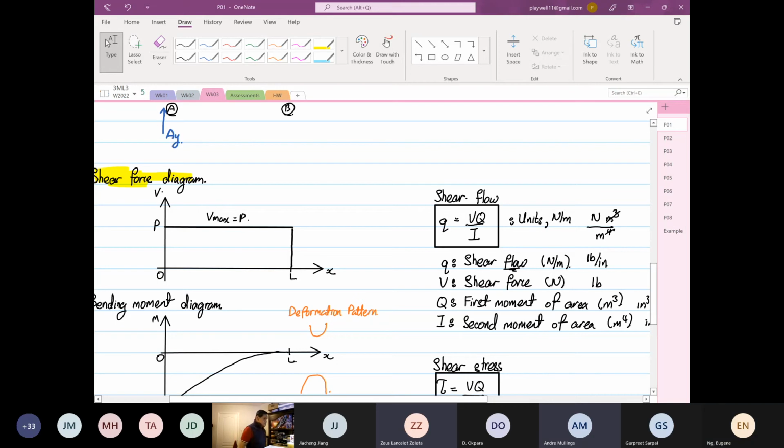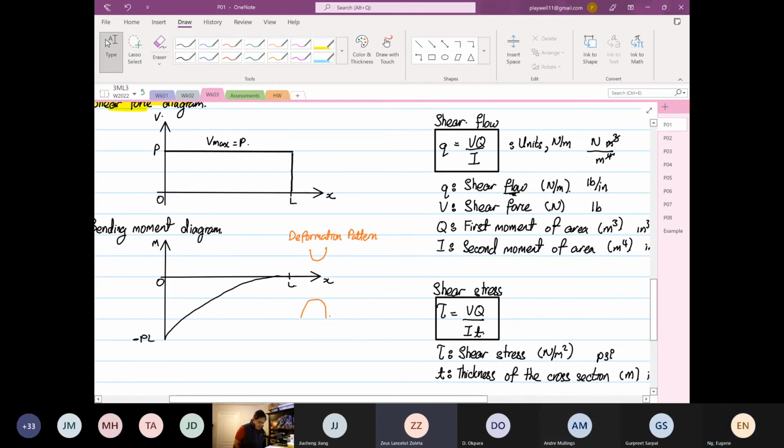You're saying that load is applied across the entire part? P is constant. But on your diagram, it's only at one point. What do you mean by one point?